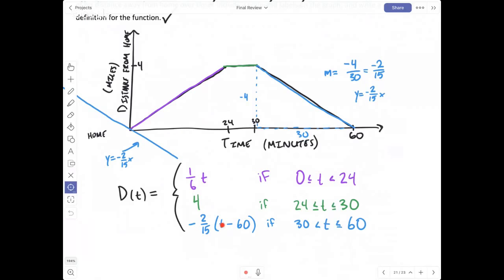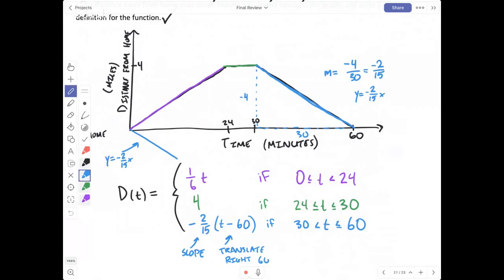So I used this translation, right 60. And I said, okay, let's put Vu in the right spot. Like that. So this was the slope. And this was translate right 60.